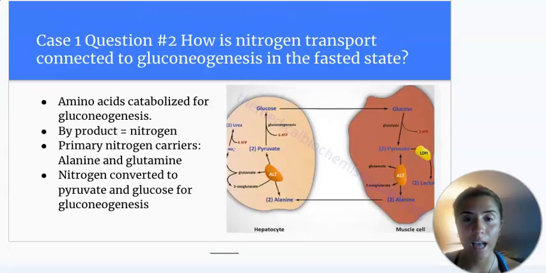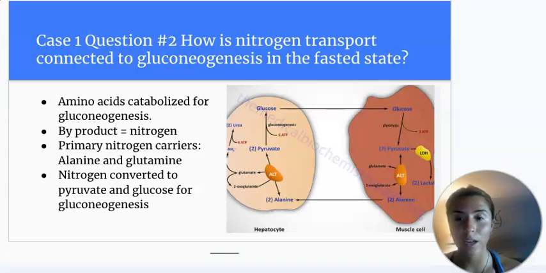The second question asks, how is nitrogen transport connected to gluconeogenesis in the fasted state? During the fasted state, amino acids are catabolized for the process of gluconeogenesis. This process involves amino acids being converted to glucose.